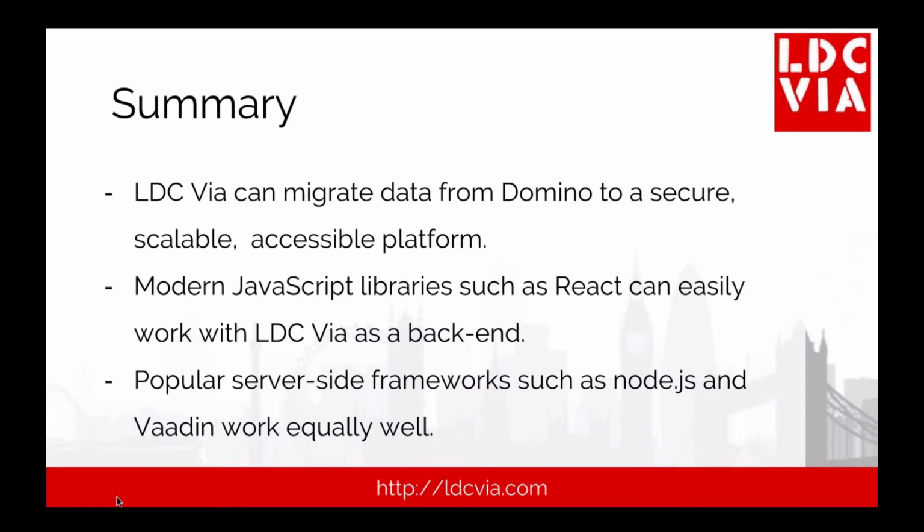And we've looked at how modern JavaScript libraries such as React, client-side JavaScript libraries, can easily work with LDC Via as a back-end data store and back-end database. And similarly, how server-side frameworks such as Node and Vaadin, which we saw, can work equally well and equally easily with LDC Via.